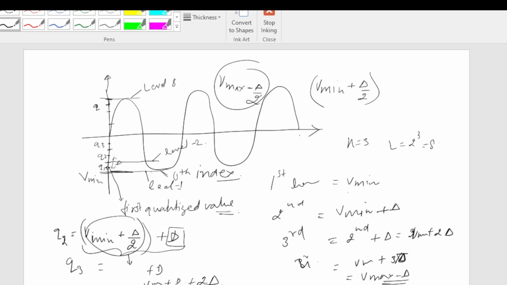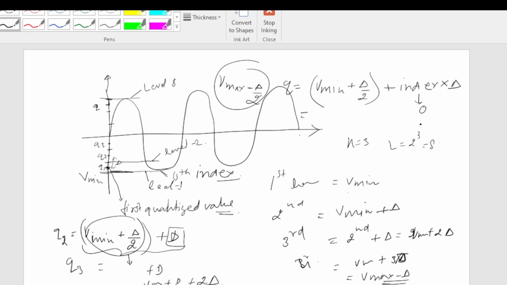This is the first quantized value, and we can get this plus index into delta. This is the quantized value Q. So V minimum plus delta by 2 is the first quantized value. If the first index is, let's say, 0, then this total becomes 0, and this is the first quantized value.